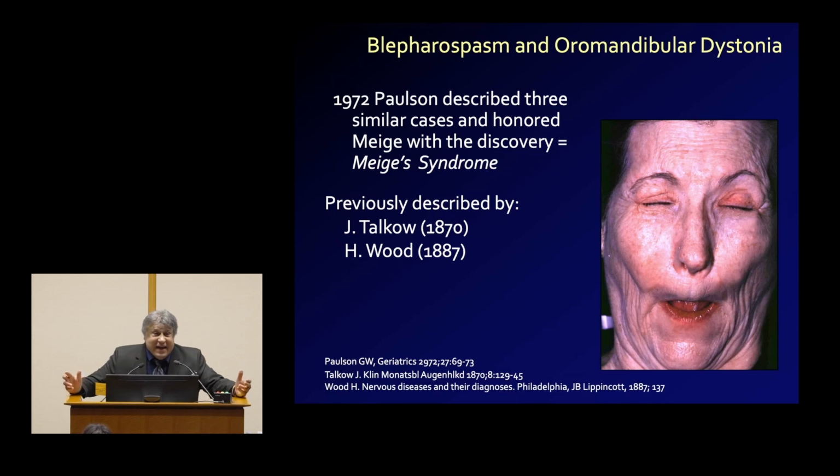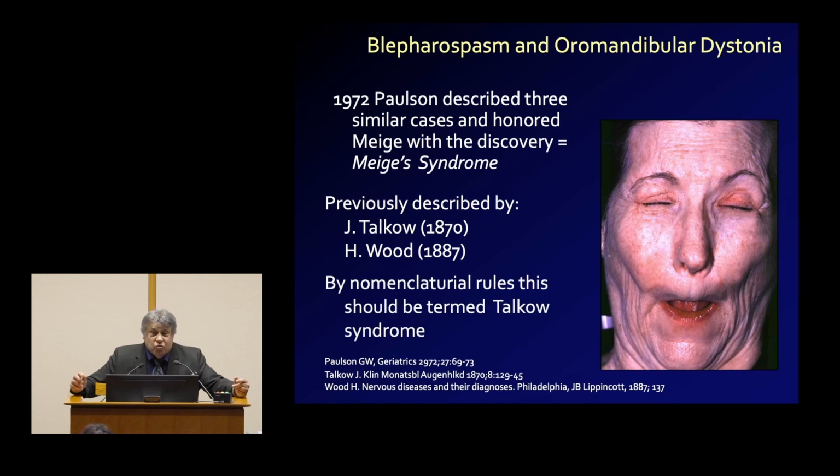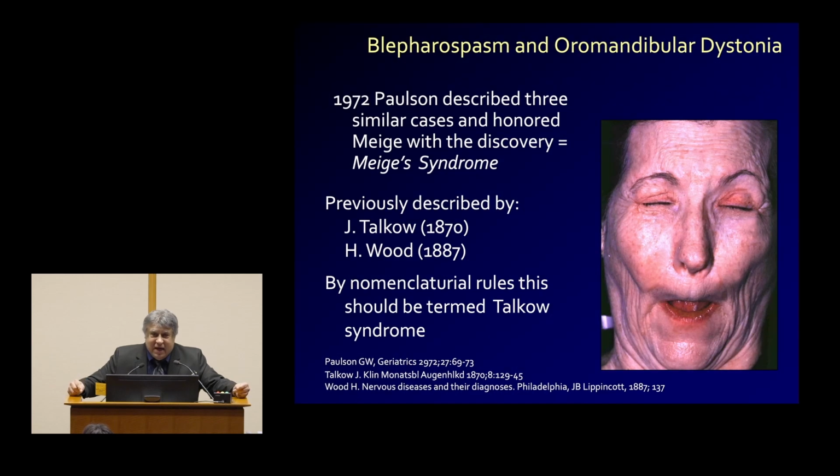However, the same condition was described in Europe in 1870 by Talcott and in the United States by Horace Wood in 1887. So if you're a nomenclatorial purist, which I tend to be, following the rules of nomenclature, this should not be called Meige syndrome, it should be called Talcott syndrome.